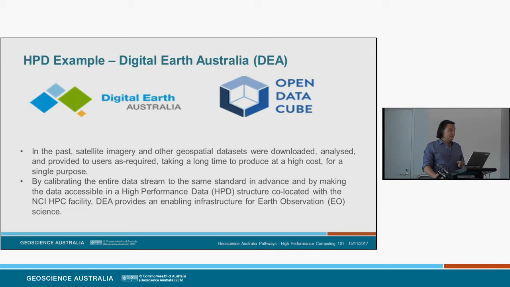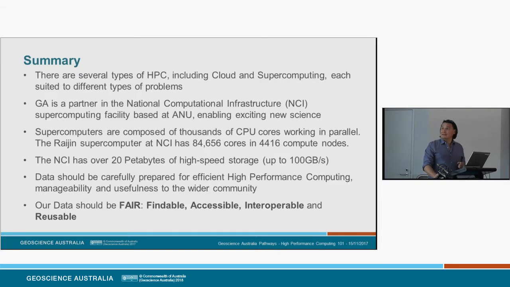So I think that about covers our talk, and so by way of summary, Dave's talked about some different types of HPC. There's the cloud like AWS and supercomputing, and we're lucky enough to have access to the NCI. So that was one of the exciting things about coming to work at GA, the ability to actually work on some world-class infrastructure like we've got available to us at the NCI.